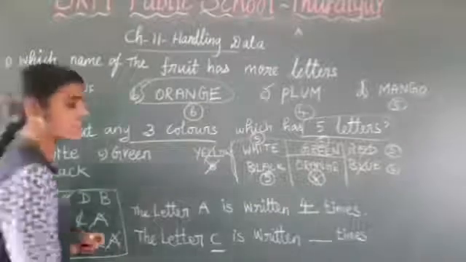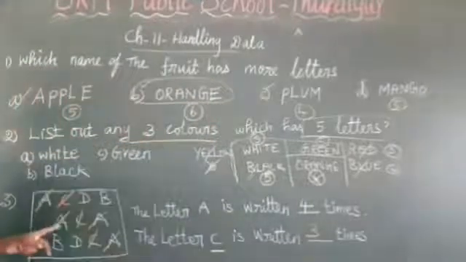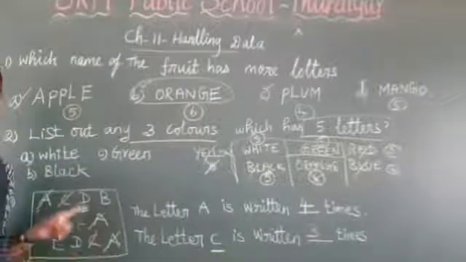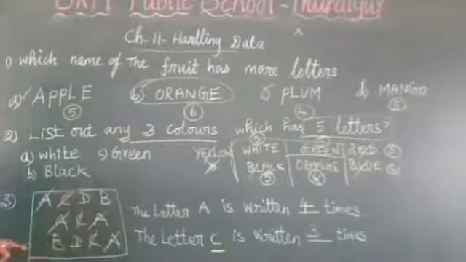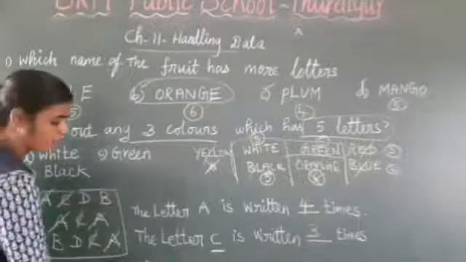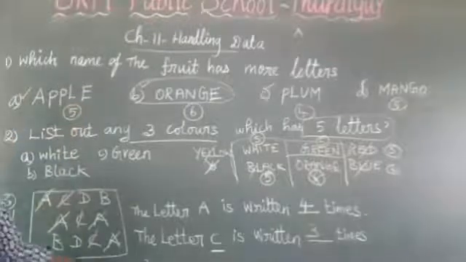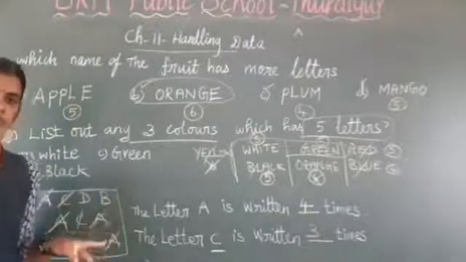Okay, which two letters are repeated the same number of times? Which 2 letters? Yes, D and D, 2 times. B and B. So B and D are repeated only 2 times.